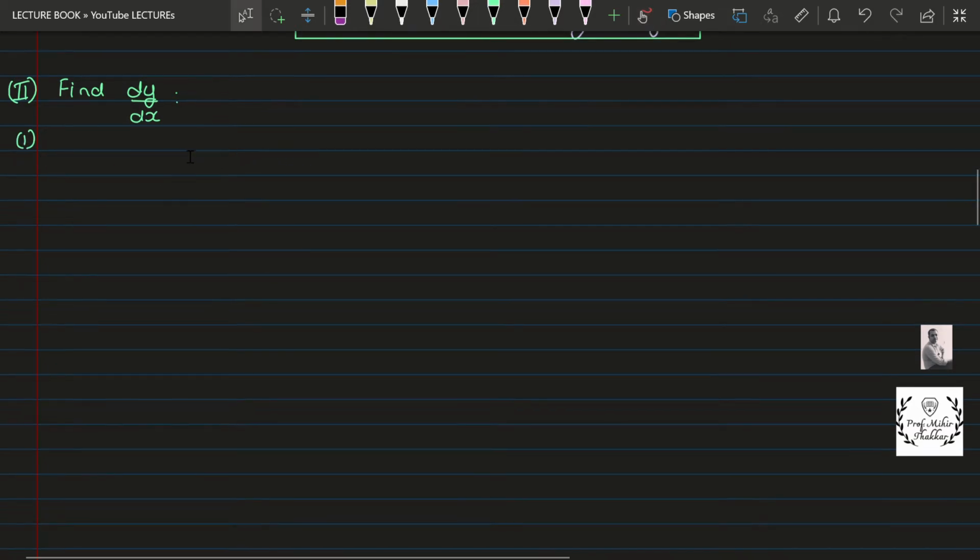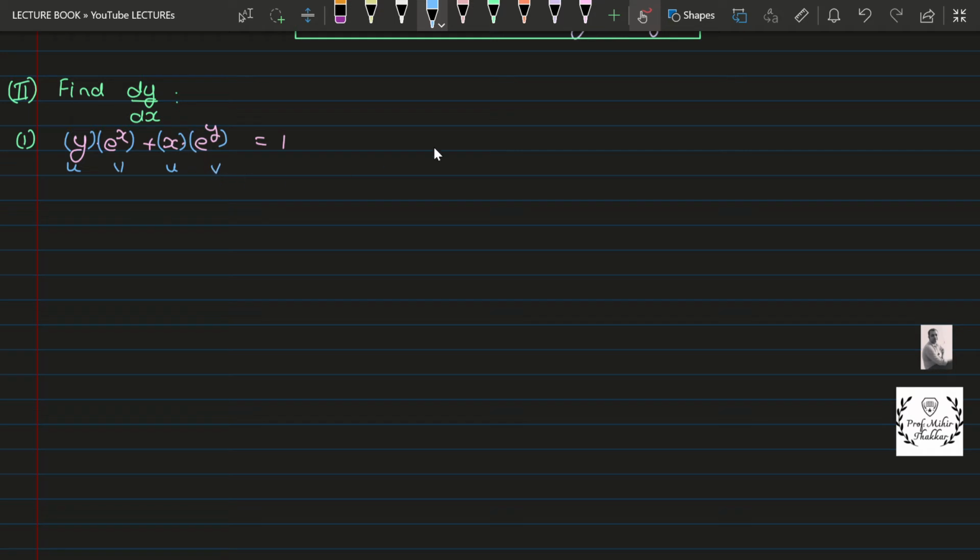The first question says y into e raised to x plus x into e raised to y is equal to 1. Now in this term, if you guys observe very carefully, there are two terms which are multiplied, so this becomes your u and v. Again here also this x is u and e raised to y is v.